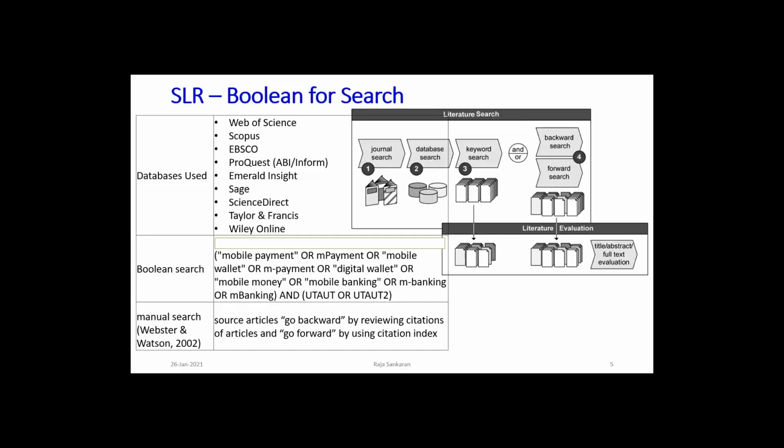So that would be a manual search, and it is an allowed search, for which you could quote Webster and Watson, to make sure that you are not being asked why you used a manual method instead of depending only on the database search criteria and what it has returned.